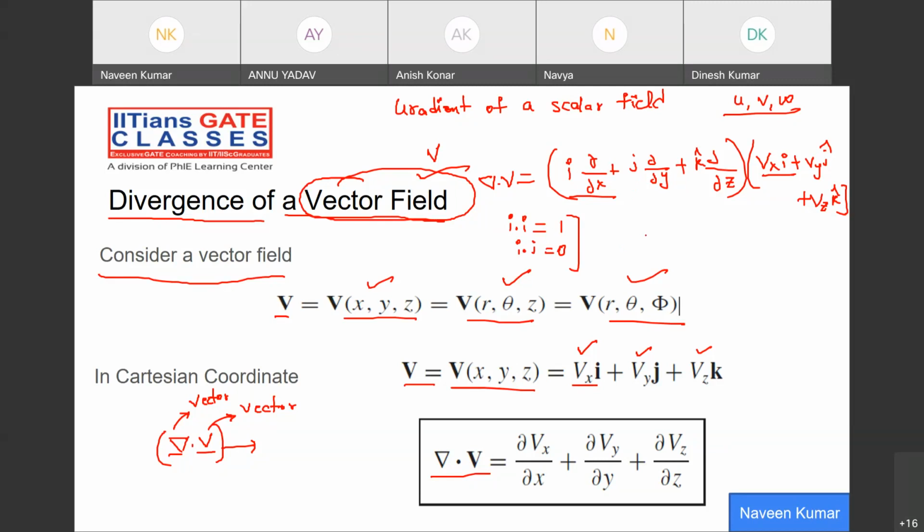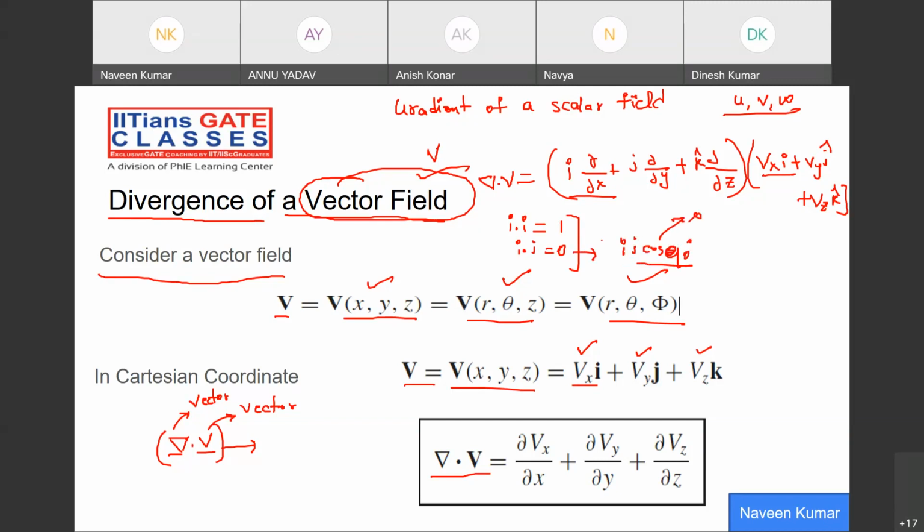Why is it 0? It is |i||j| cos theta, right? If you solve it, the angle between i and j is 90 degrees. Cos 90 is 0. That's why it is 0.